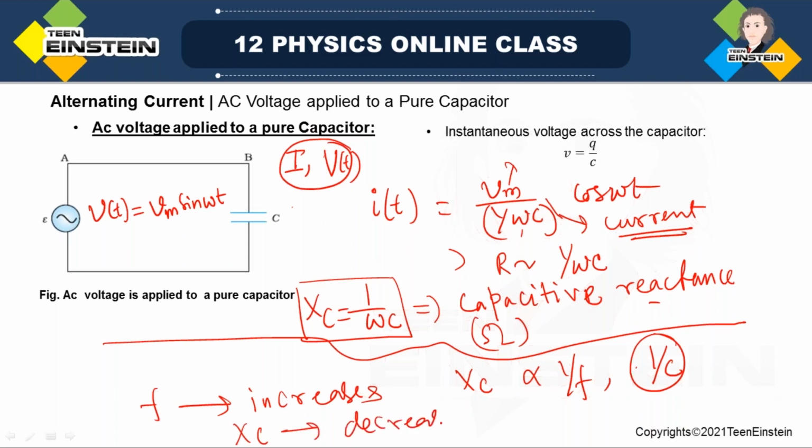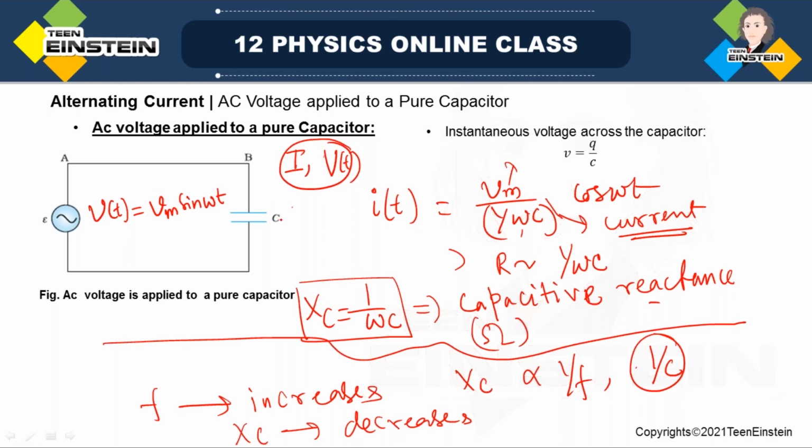That means this capacitive reactance acts as a resistance to the current flow in the circuit. In case of an AC circuit, it offers a resistance which depends on the frequency. If your frequency increases, then your real resistance, or capacitive reactance, decreases.